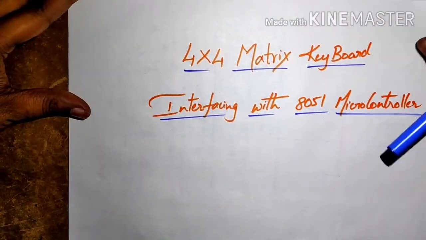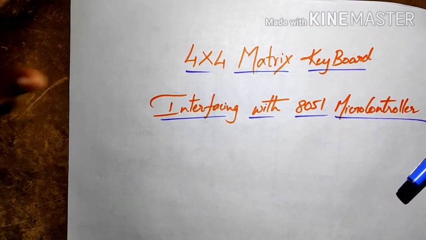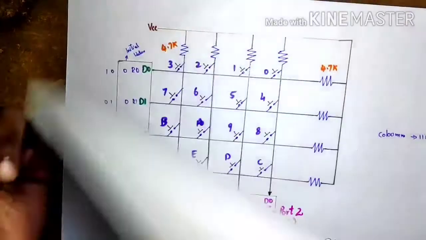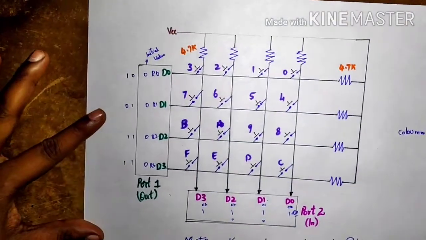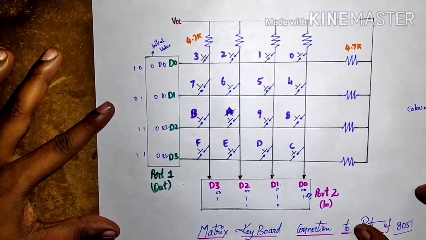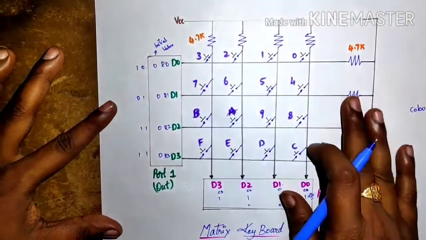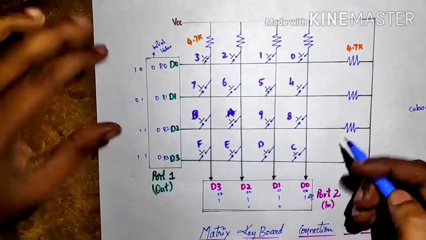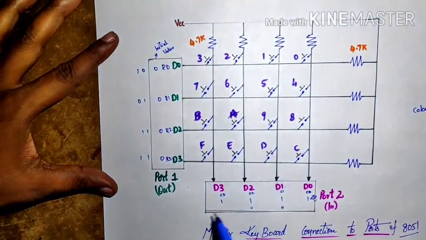Now we will see how this keyboard is connected to the microcontroller. This is our keyboard, and these are the rows and these are the columns.